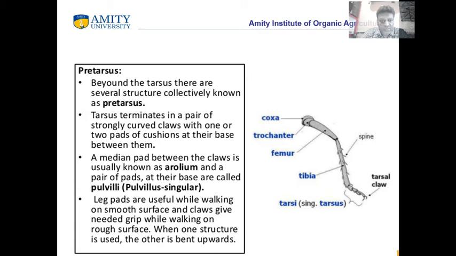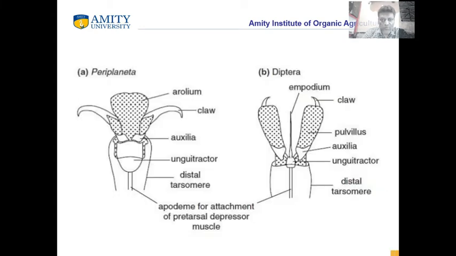Their claws provide grip, they catch the surface. Any smooth surface, they can catch with the help of their claws. And arolium, these are pads. Arolium and pulvillus stick to the surface and catch the surface for walking purposes.